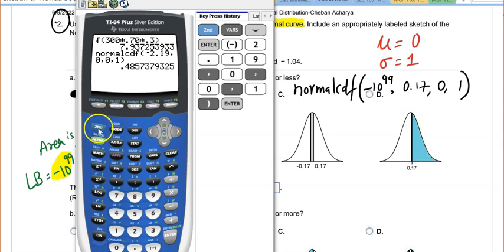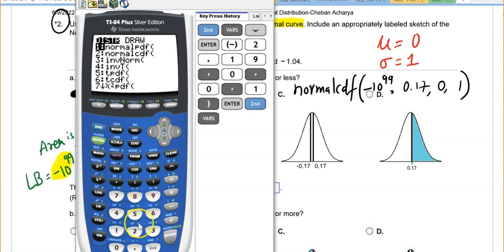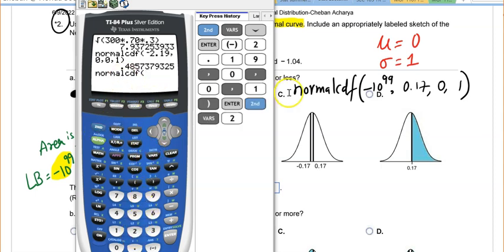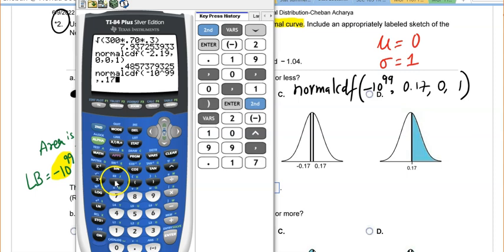Again, you do second VARS, number 2, normal CDF. That's the function you're going to use. You put the minus 10 to the power 99, remember this is the minus, comma, 0.17, comma, 0, comma, 1, close parenthesis.